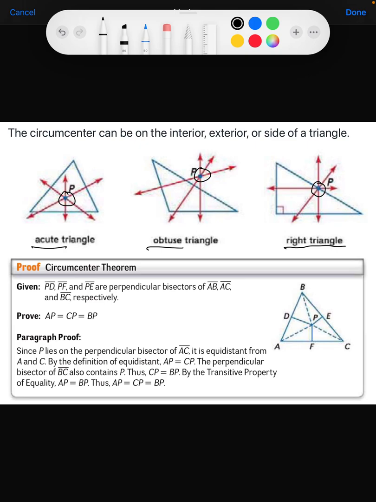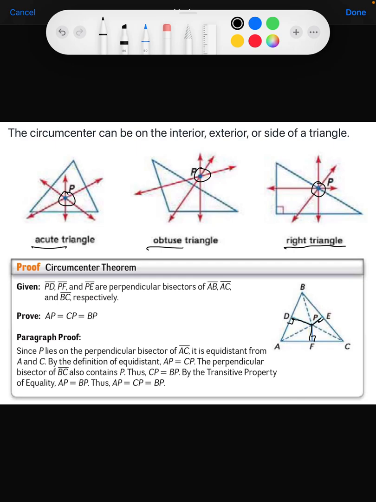To prove the circumcenter theorem, we can take three segments, PD, PF, and PE, that are perpendicular bisectors of AB, AC, and BC, so the sides of the triangle respectively, and we want to prove that AP equals CP equals BP.